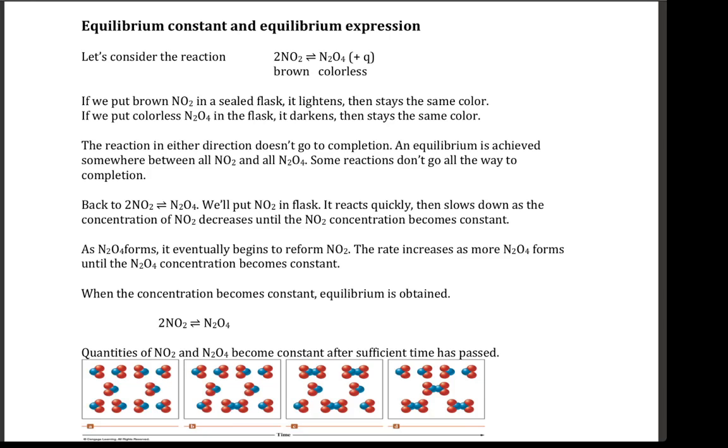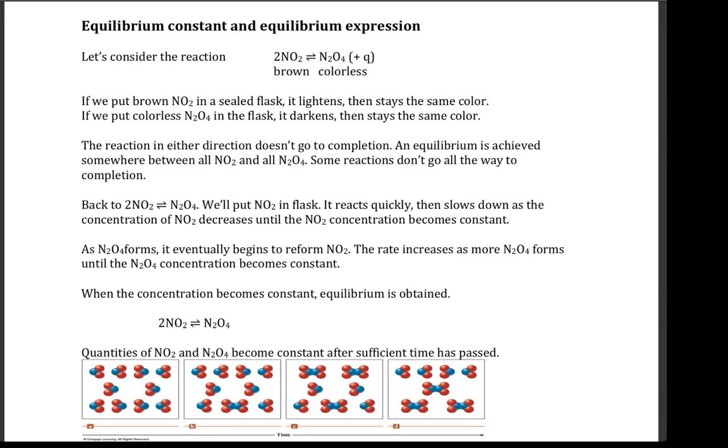So if we look at the diagrams A, B, C, and D, then we see initially there's just 10 molecules of NO2. The O is represented by the red balls and the nitrogen by the blue ball. So they're in the flask, and then some N2O4 forms.